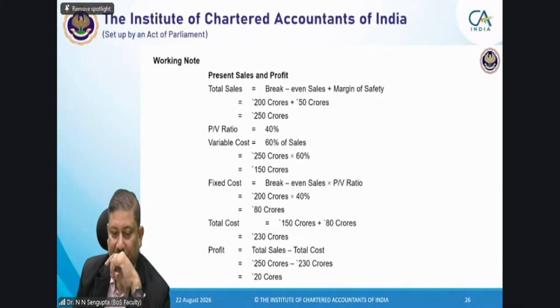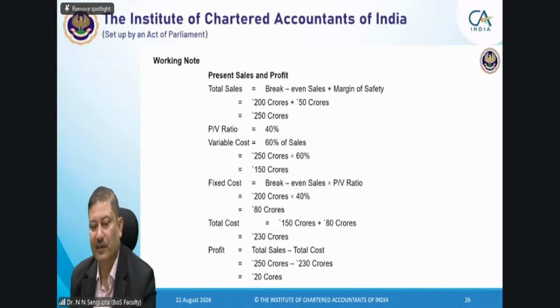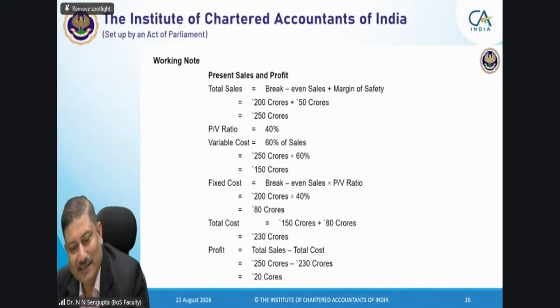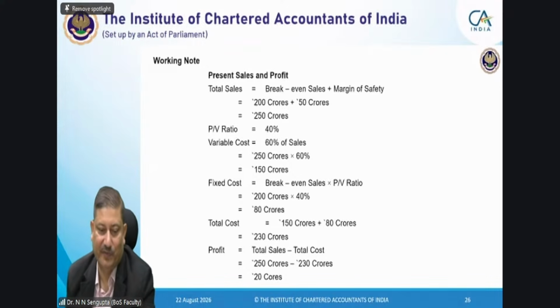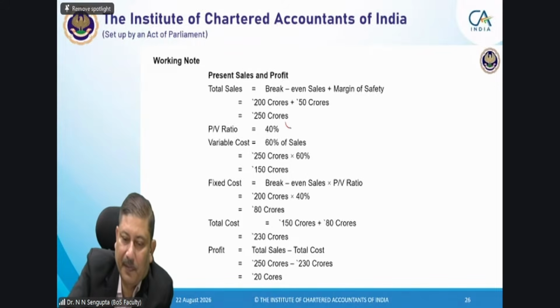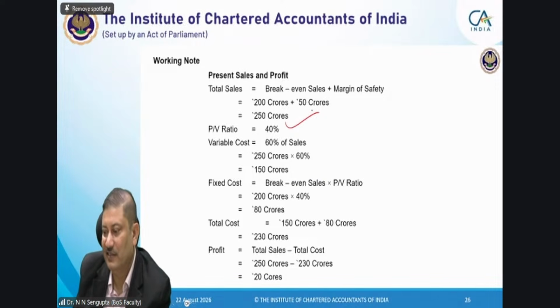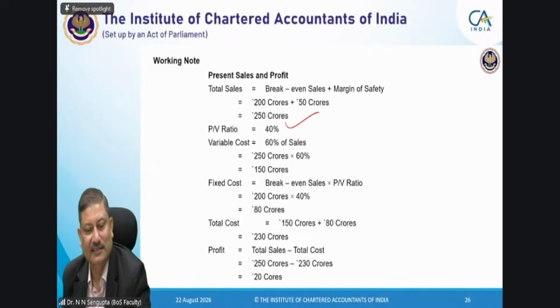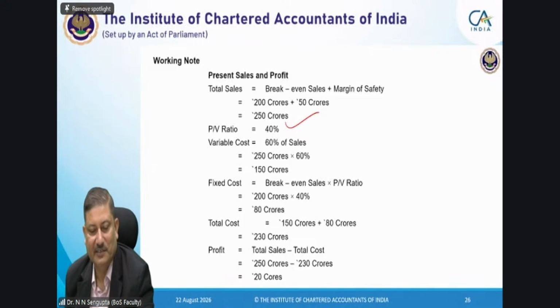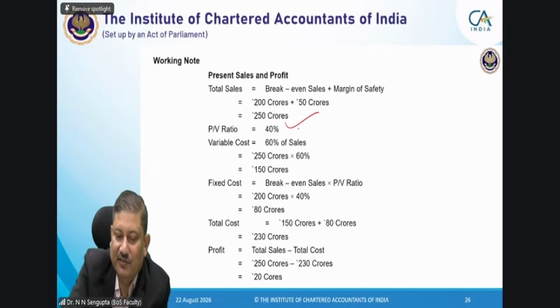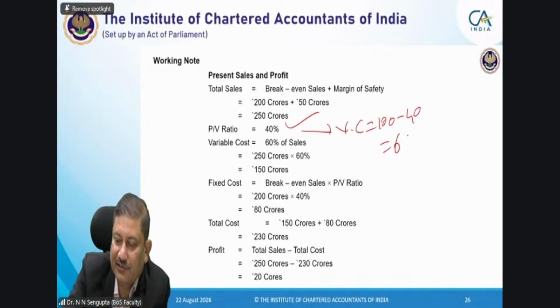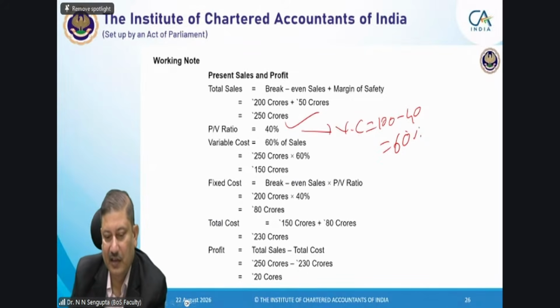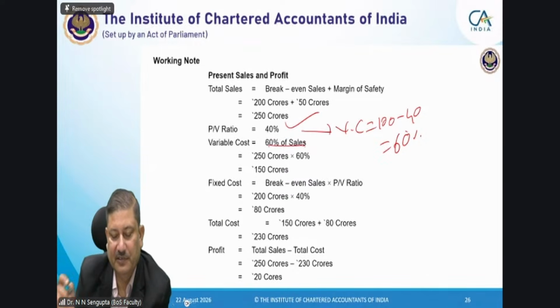So first, present sales and profit, very important. So total sales at present, break-even sales plus margin of safety, is 250 crores. So this is another way we can calculate the sales. PV ratio is 40%. So 40% PV ratio means your variable cost will be 100 minus 40, that is 60%. So variable cost is 60% of sales.